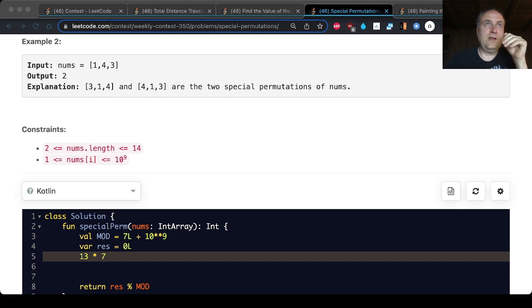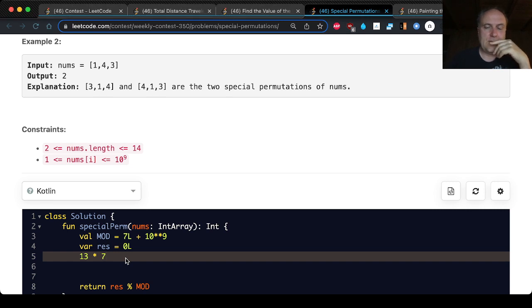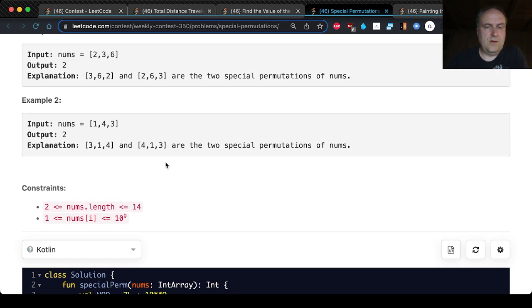Okay, I should have calculated that myself. So we have 91 possibilities, permutations. No, that doesn't work. It looks like it's too few. Maybe I'm missing something.